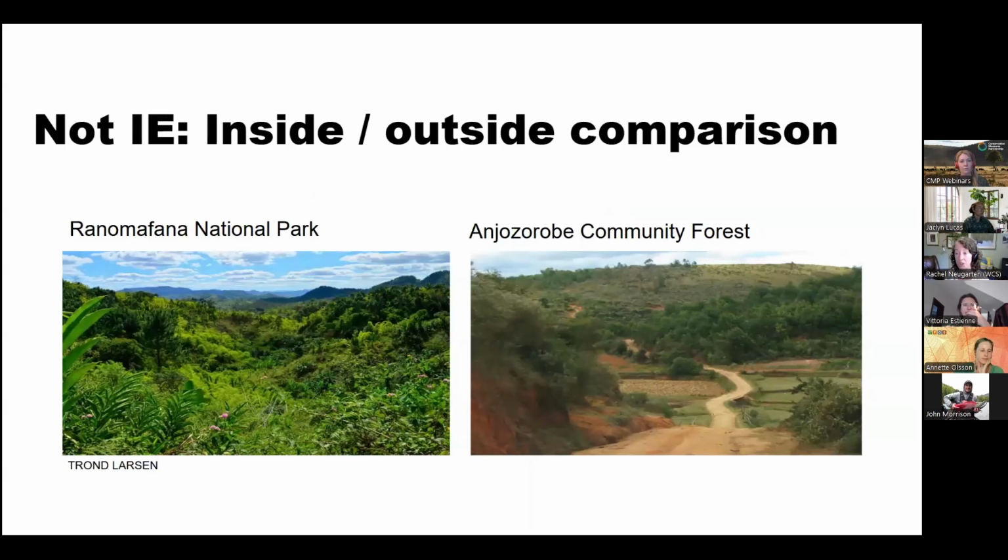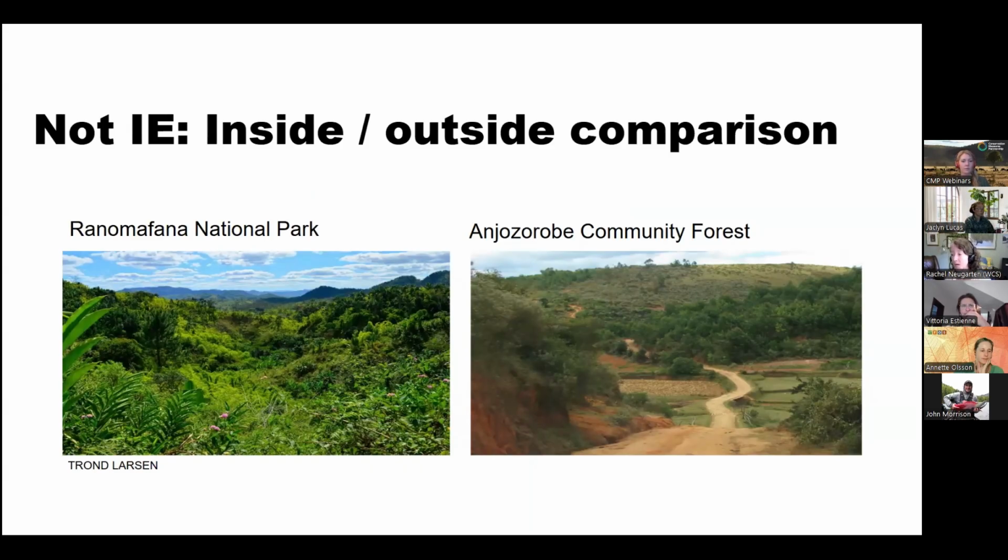This is from my own PhD work in Madagascar, where we looked at deforestation outcomes in national parks compared to community forests. Again, here the context is very different in these two kinds of sites. You can just see from the picture, in the national park, it's this verdant, lush, very remote, very well conserved landscape, higher elevation.